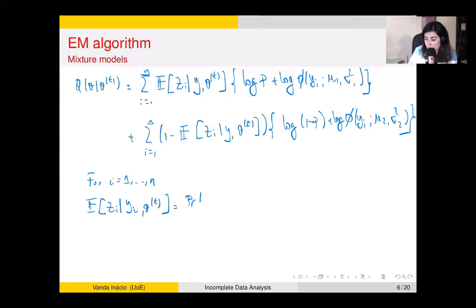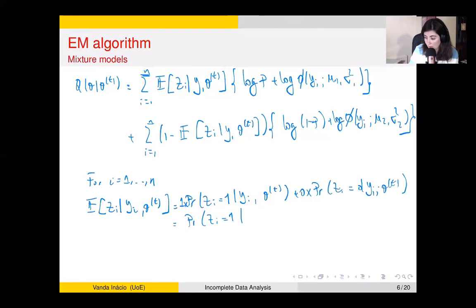And then I know that this is the probability that zi will equal 1 given yi and theta t, times 1, right? Plus 0 times the probability that zi equals 0.